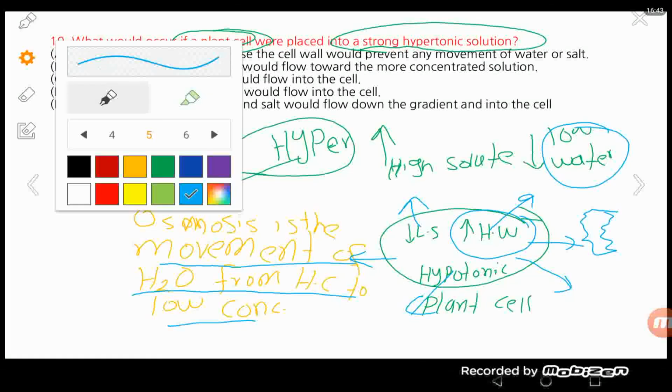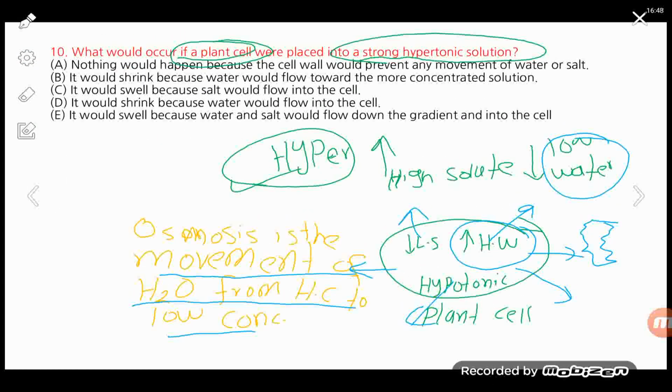It says nothing would happen because the cell wall would prevent any movement of water or salt. This is not true. It would shrink. Yes, as we saw that, it shrank, because the water would flow toward the more concentrated solution. It says it would shrink.